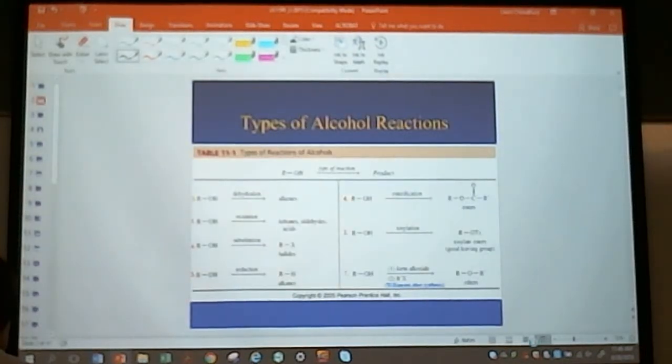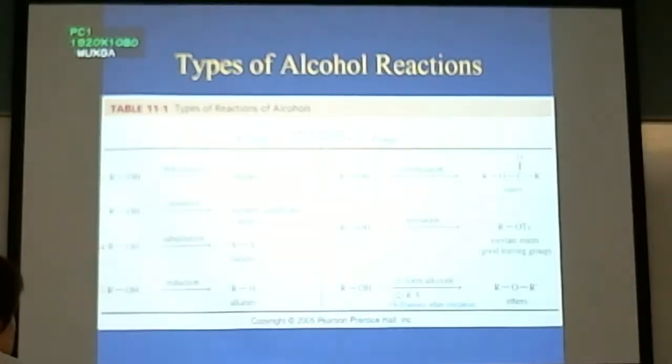So in chapter 11, chapter 10 was how do you make alcohols. Chapter 11 is reactions of alcohols.